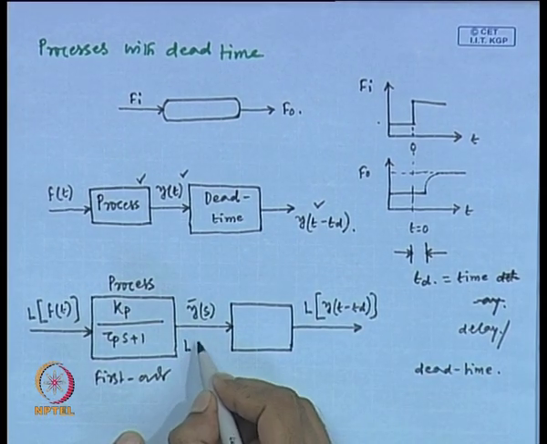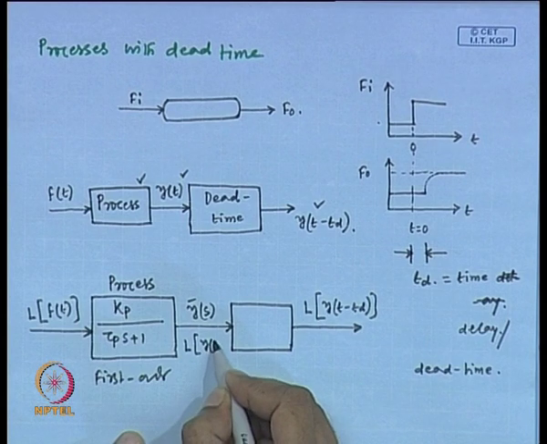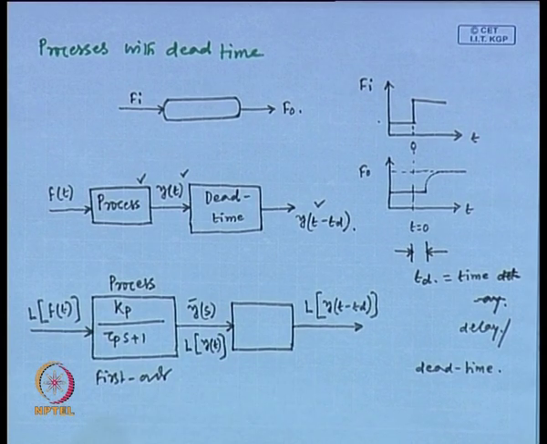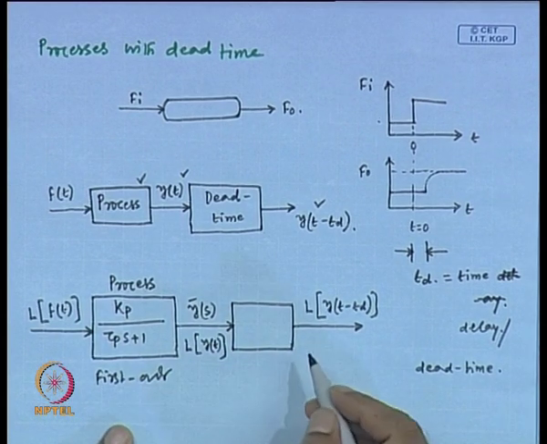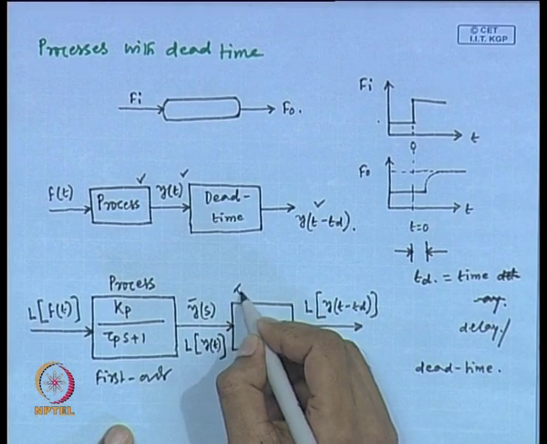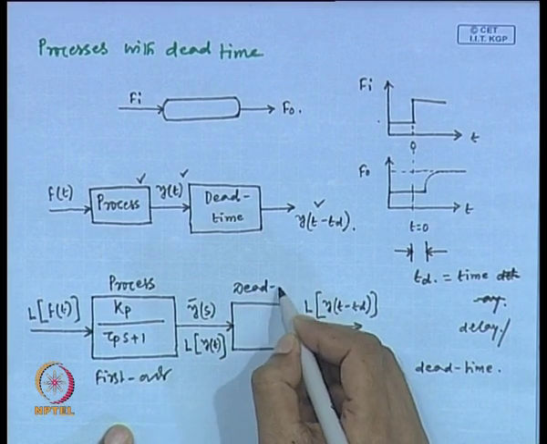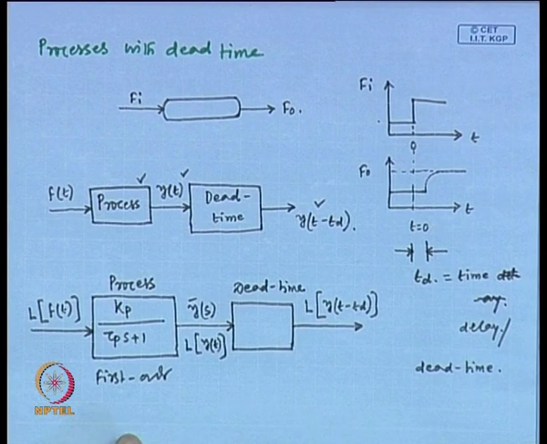This is basically Laplace transform of y(t), fine, and this block represents the dead time in Laplace domain. So, what will be the transfer function of dead time?